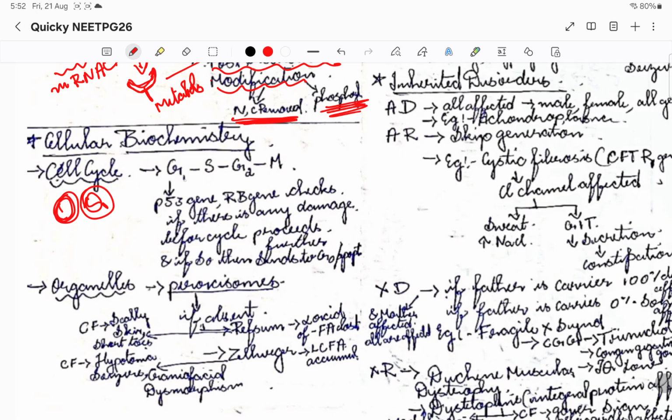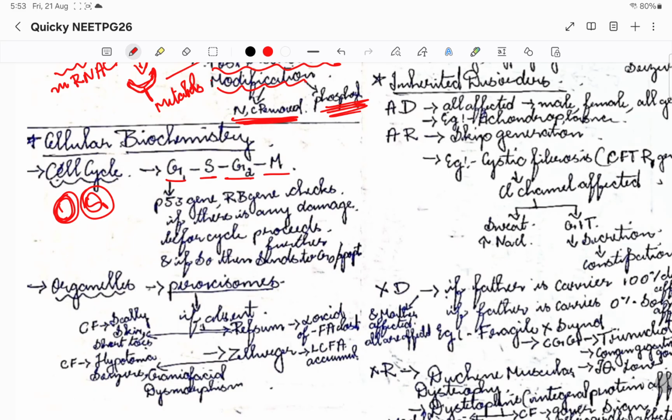I just want you to know the clinical significance of the cell cycle. There are the G1 phase, S phase, G2 phase, and M phase, right?